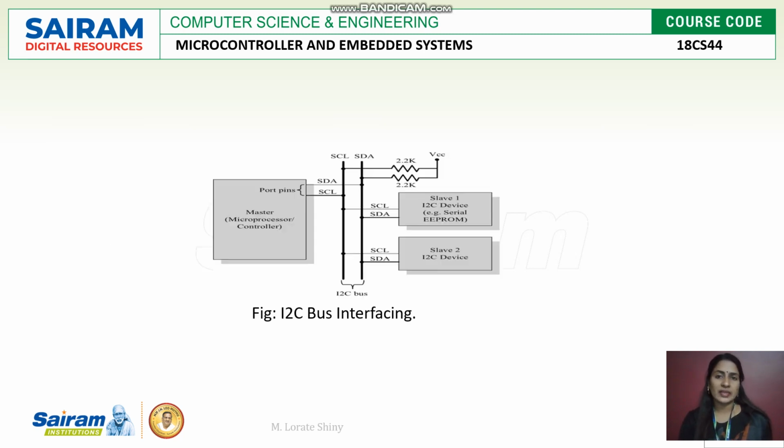So many I2C devices can be connected to the I2C bus, and the devices connected to it can act either as a master or a slave. These devices can be a transmitter or a receiver.